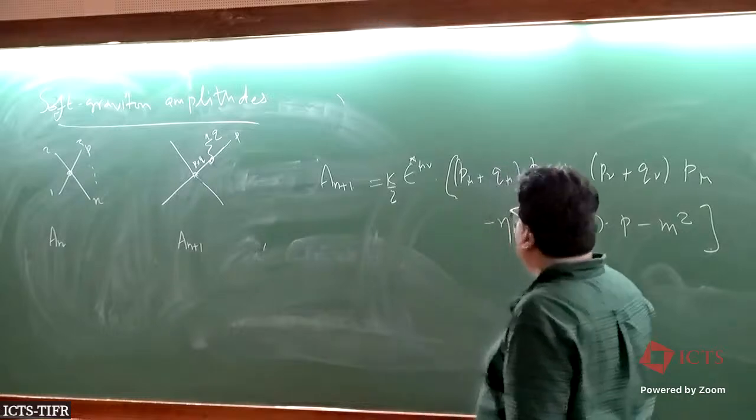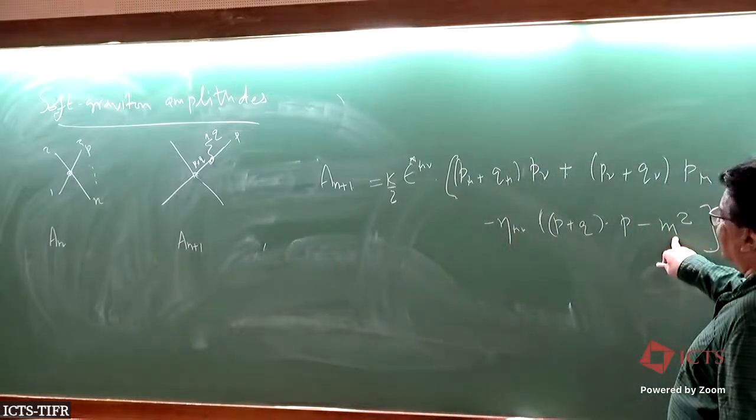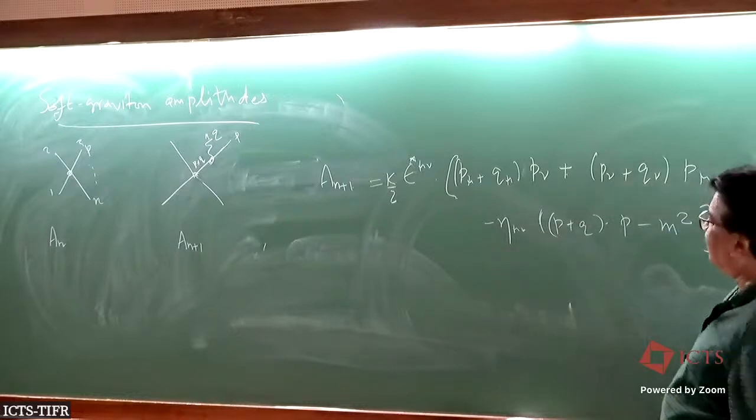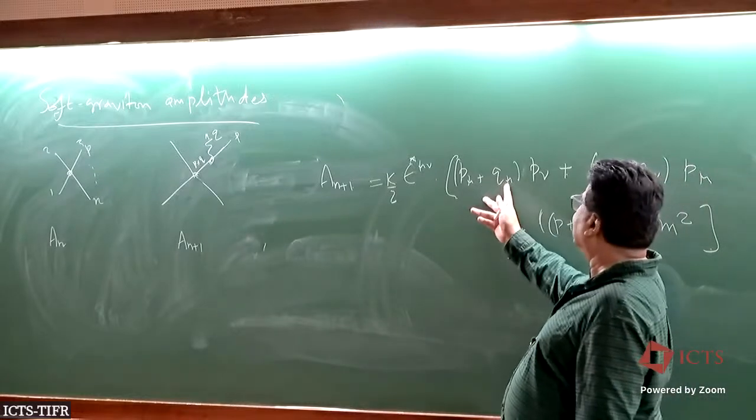So this is epsilon times T mu nu, that is the vertex. Okay, you can see this is that P1, P2. P1 is P plus Q, and P2 is P.